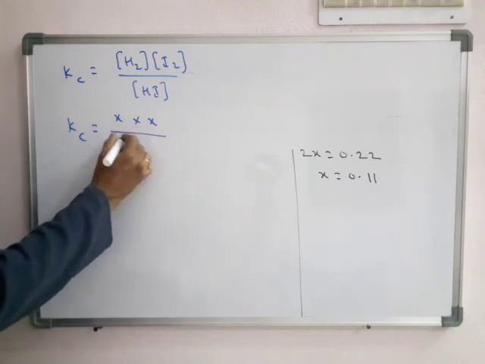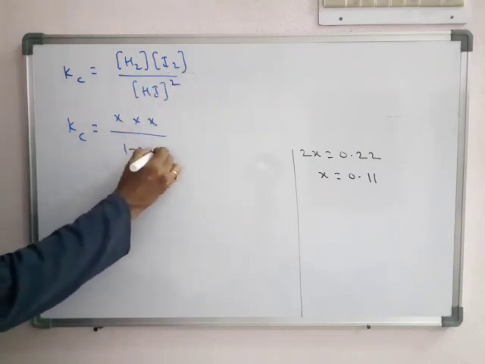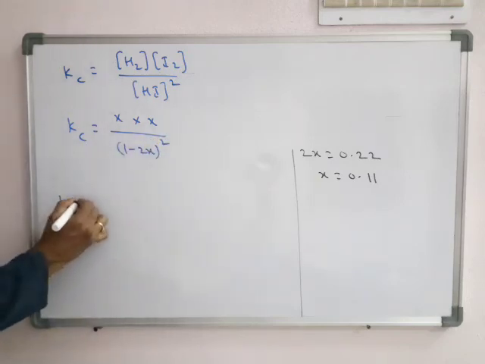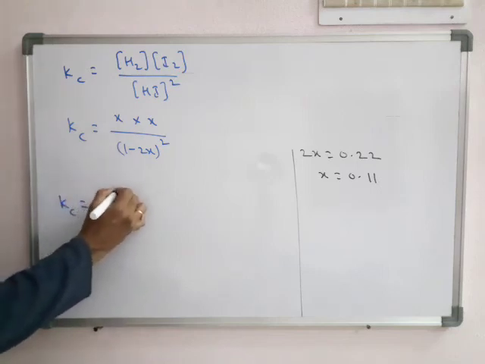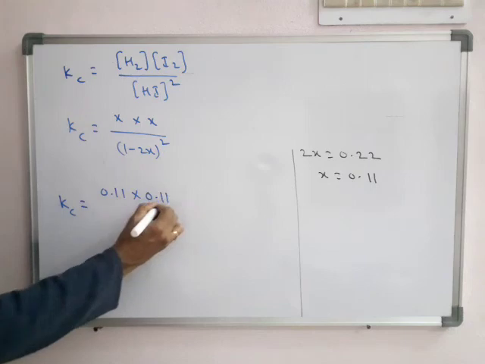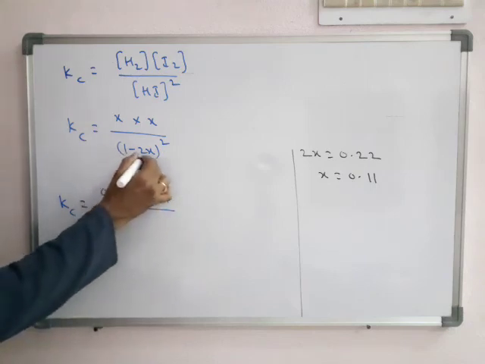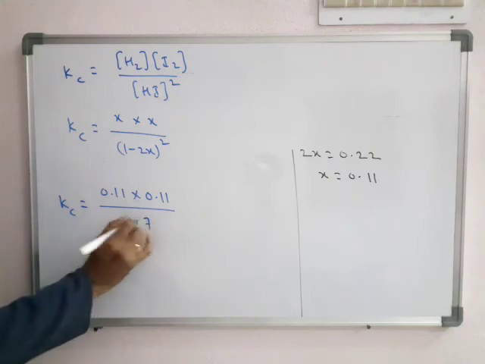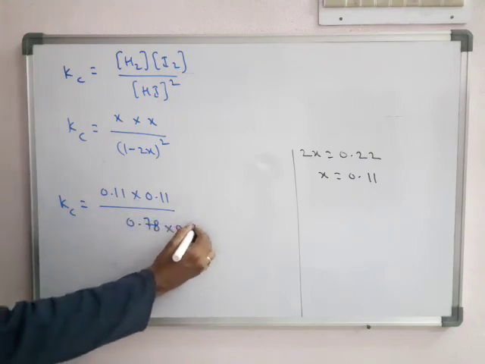But what is the HI concentration square? That is 1 minus 2x whole square. So what is the Kc equal to, what is the x value? 0.11 into 0.11, by 1 minus 2 into, 1 minus 0.22, we will get 0.78 square.